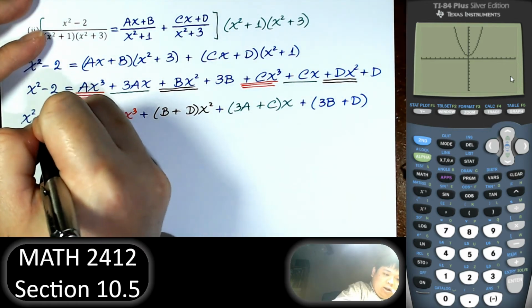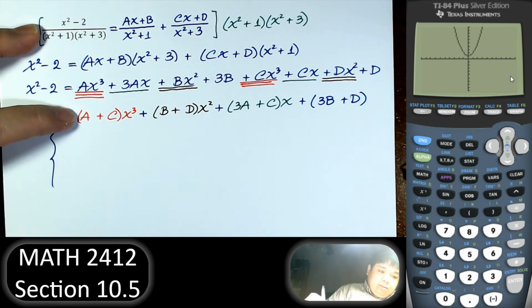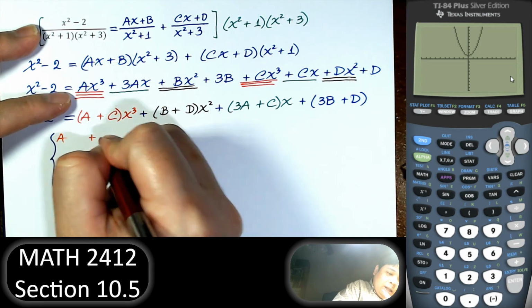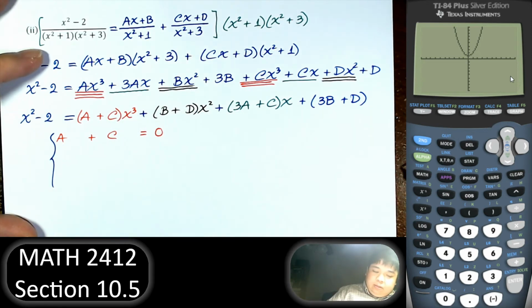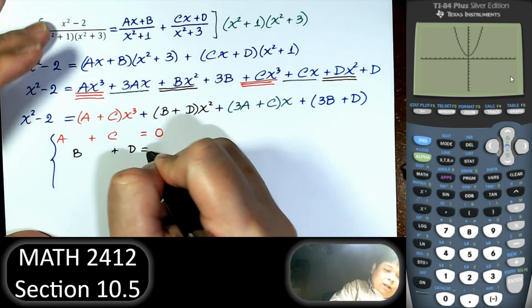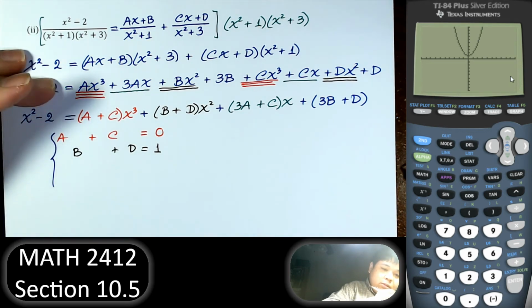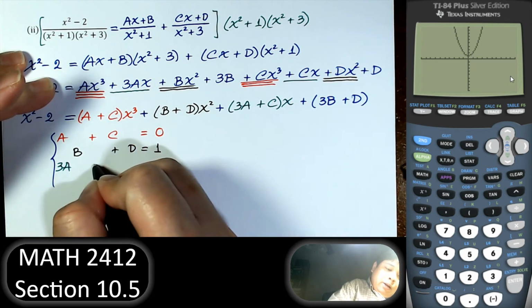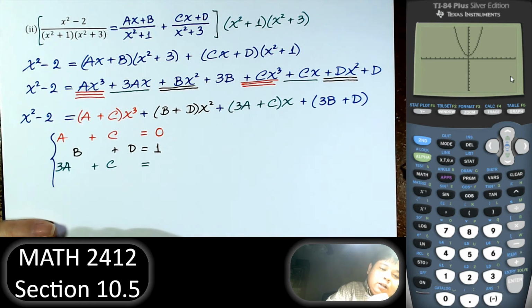On the other side is x squared minus 2. Right. Now we just match the coefficients. a plus c equal to, no x cubed on this side, 0. b plus d, there's 1 x squared here. 3a plus c, there's no x here, equal to 0.